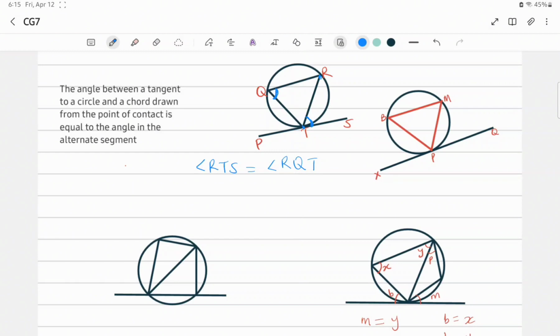In the second diagram, we want to find the angle that will be equal to angle BPX, the angle right here. So let's look at it.